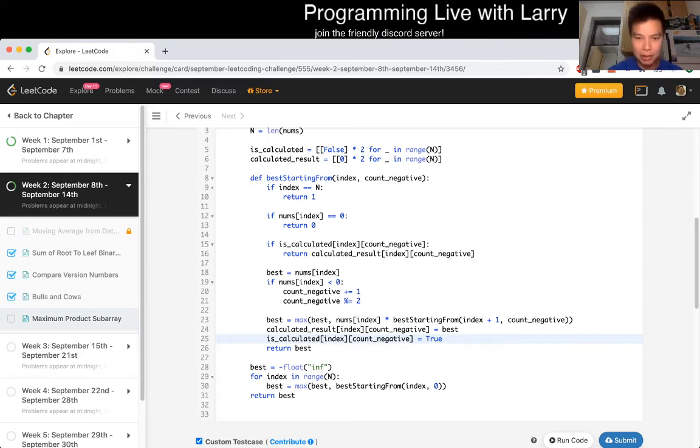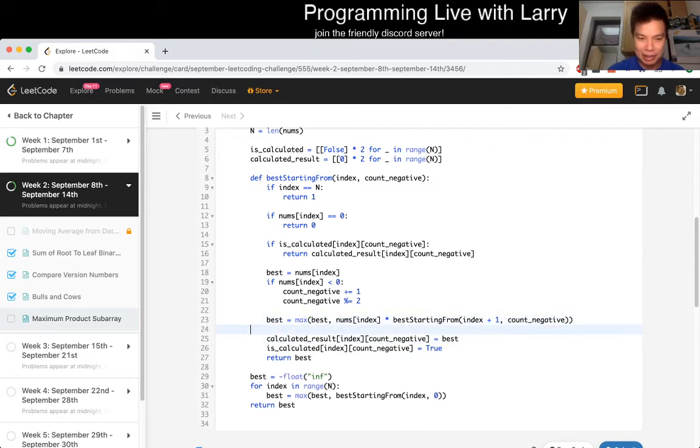Oh, it's because I'm dumb. So one thing that I did was that I manipulated count negative from the input, so this changes this result, which is usually I don't write it explicitly anymore, but so that's just silly.